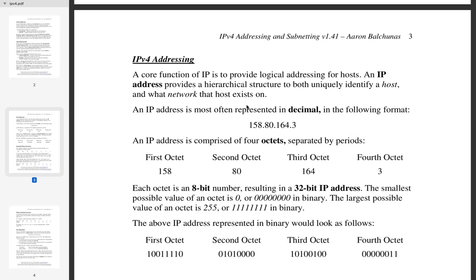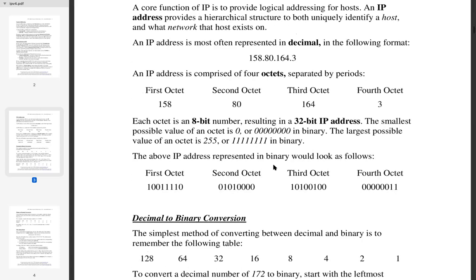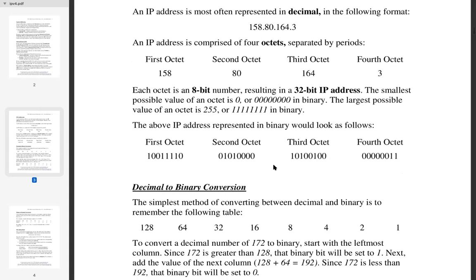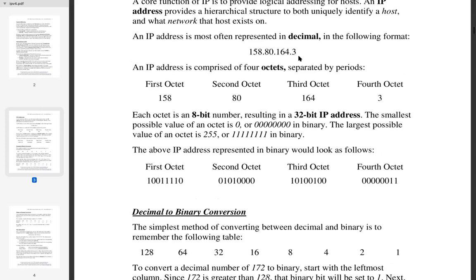1, 2, 3, 4. These 4 octets, when it comes to pure computing or when you divide it, are zeros and ones. So this 3 you are seeing falls under one of these octets and it has its zeros and ones. This 164 falls under one of these octets and has zeros and ones.